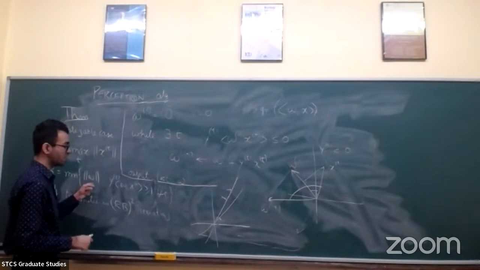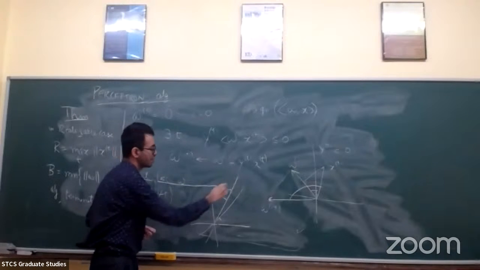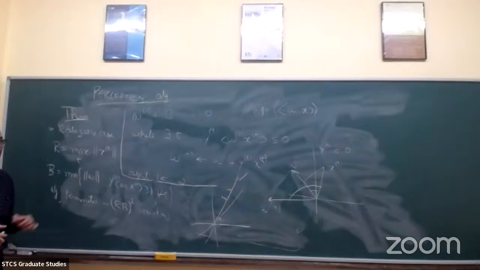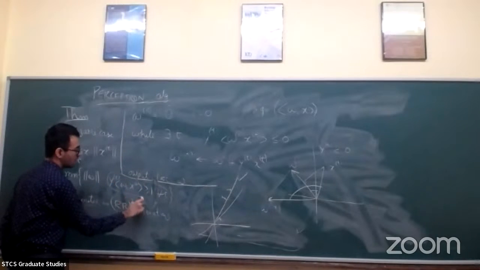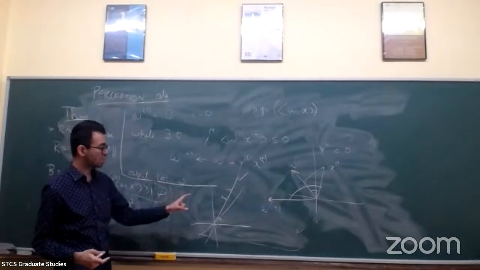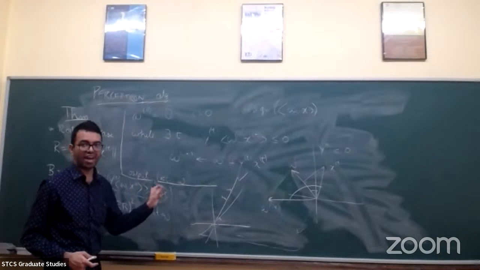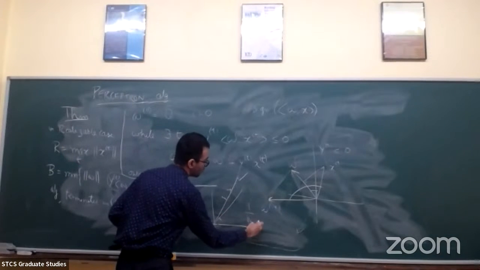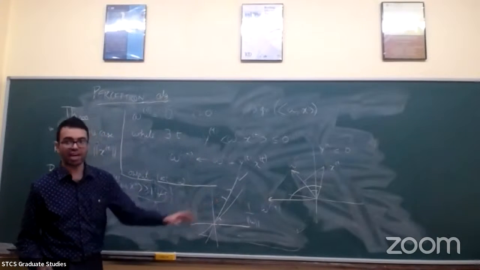So this will prefer this line. Remember, for any line which satisfies this condition, the closest distance of any training point was 1 over norm W. That's the discussion which we had.